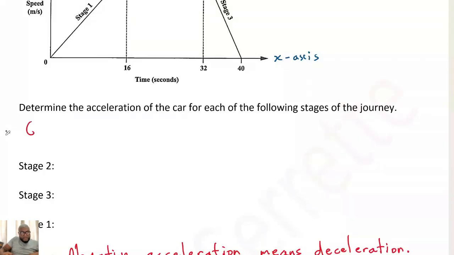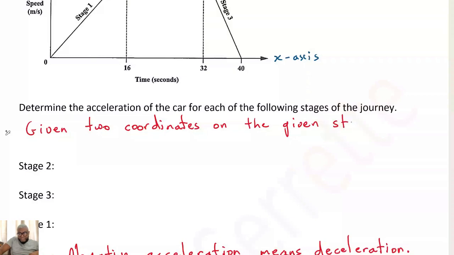So, write this down in red: given 2 coordinates on the given stage of a speed time graph, right?